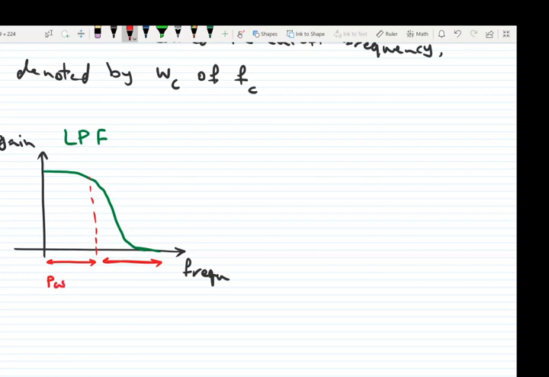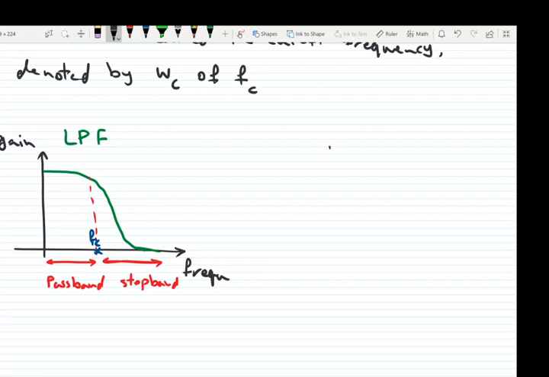We have passband, in which the signal is allowed to pass through the filter, and we have a stop band. And where is the cutoff frequency? F of C is here. So this one is low pass filter, which allows frequencies less than FC to go through the circuit.